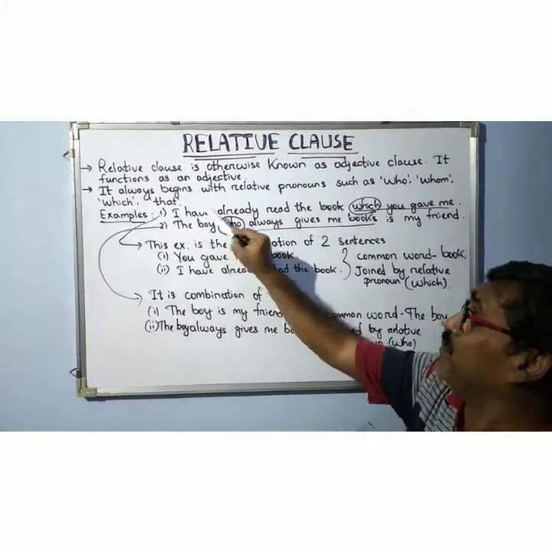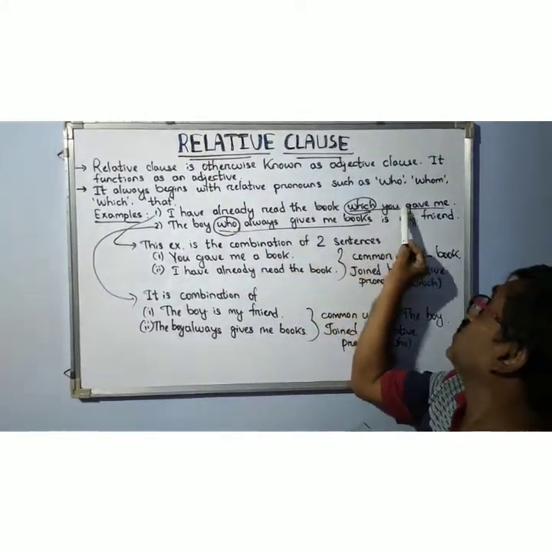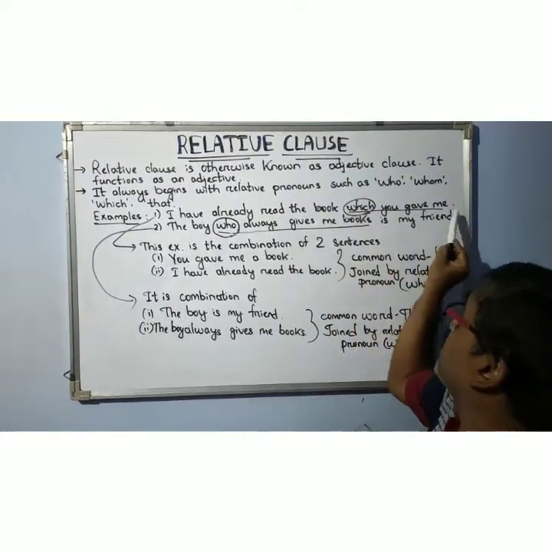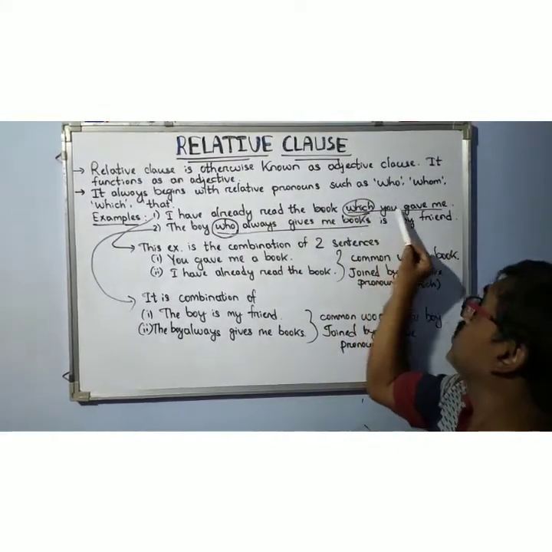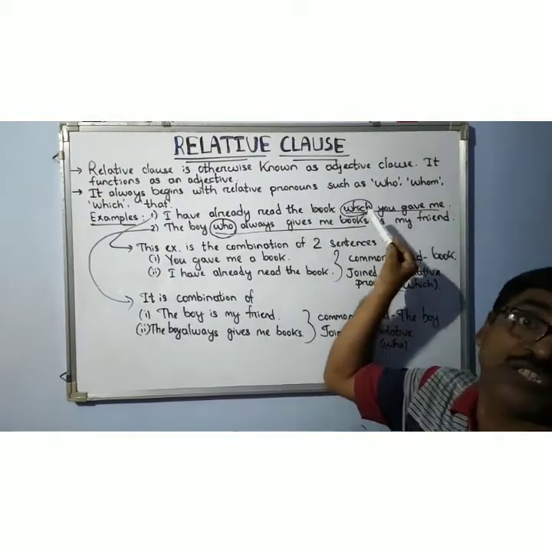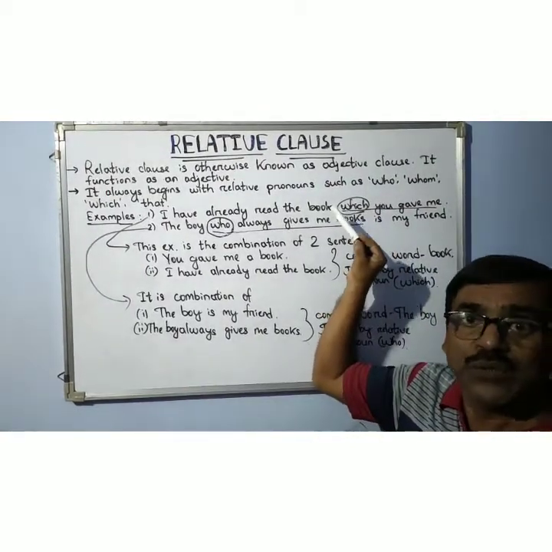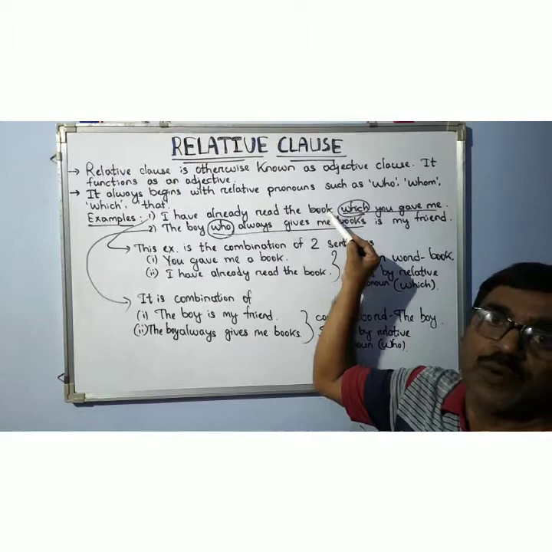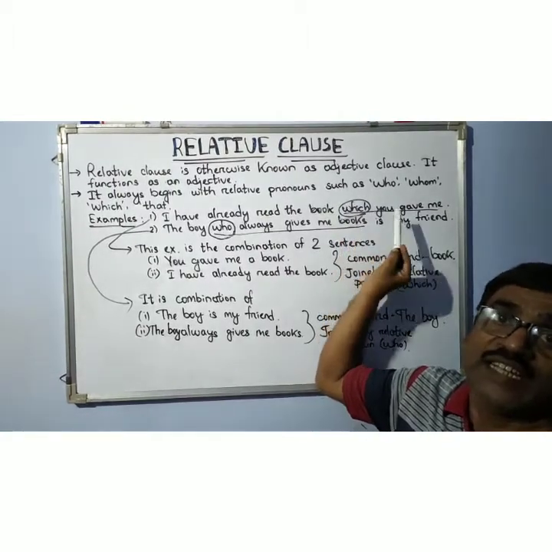Second, I have already read the book which you gave me. Which you gave me has been underlined. Here the relative pronoun is which, so it is a relative clause.